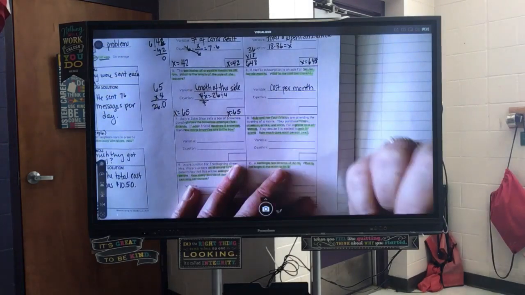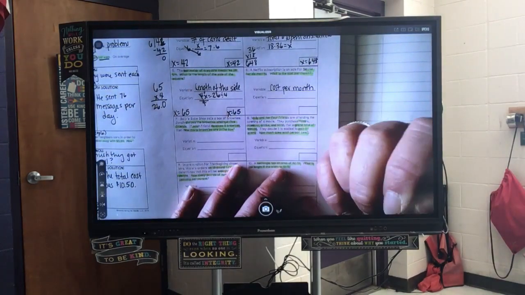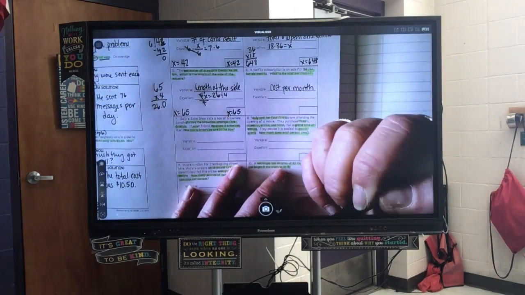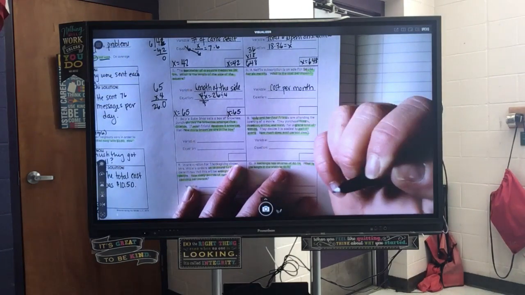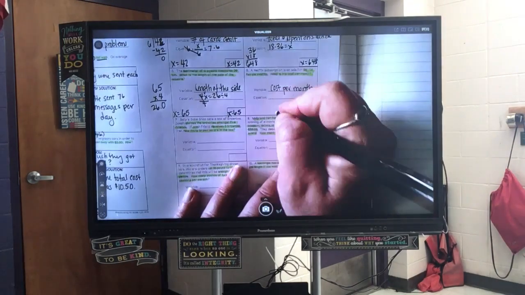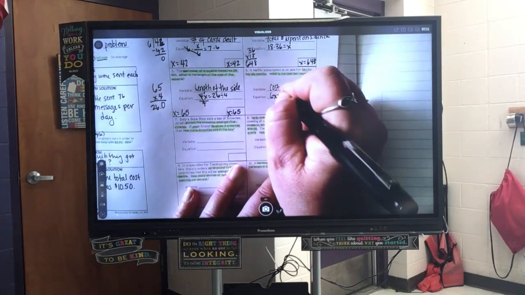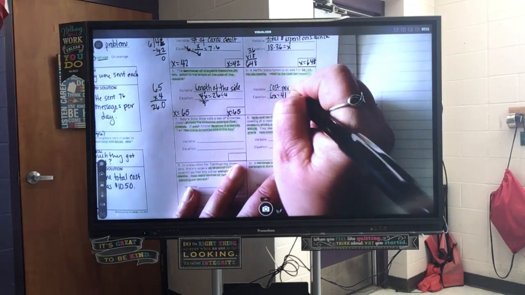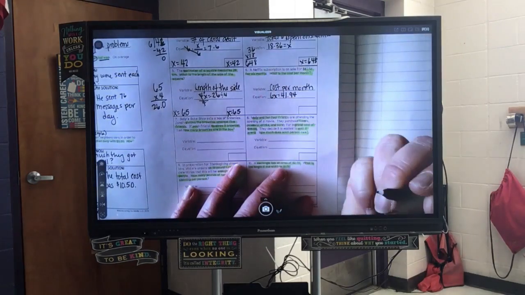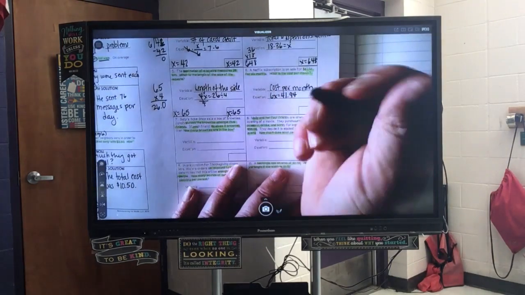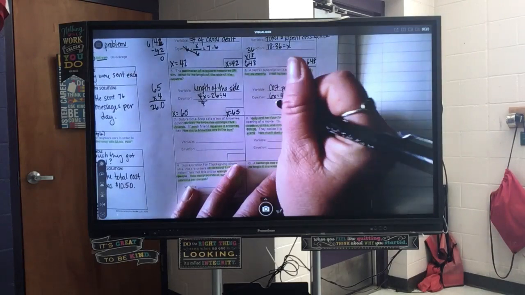Alright, what is our equation going to look like? Kylie? $41.94. Okay, so if it's multiplication here, what do we have to do?